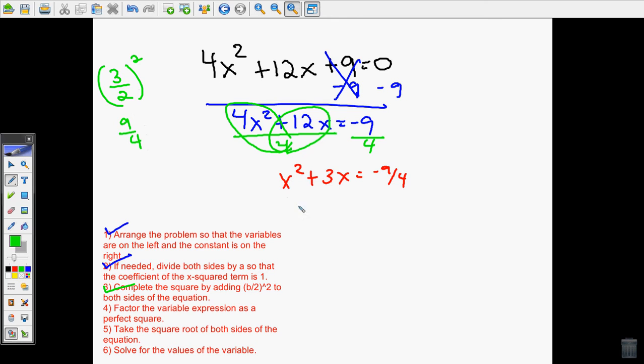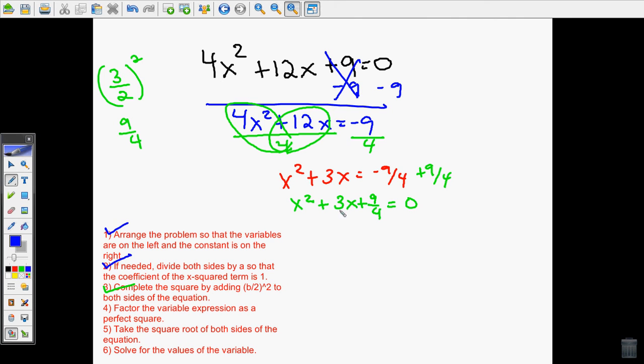So for this one, I end up with x squared plus 3x plus 9 over 4 is equal to 0, because when I add 9 over 4 here, I get 0. And this one's a little bit trickier than you've probably seen, but it still works the same way.